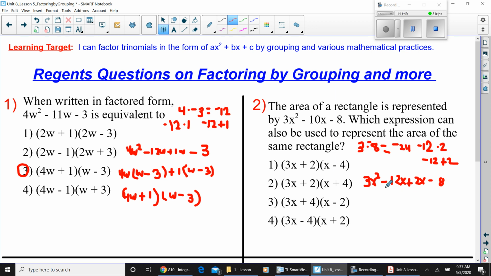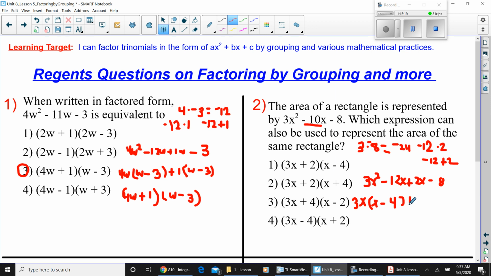As you're writing these down, take a look at those middle terms. They have to equal the original when you combine them. So you go ahead and factor out. 3x is the greatest common factor. 3x times what equals 3x squared? 3x times x. And 3x times negative 4 equals negative 12x.